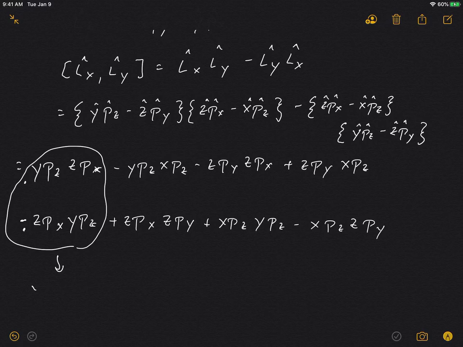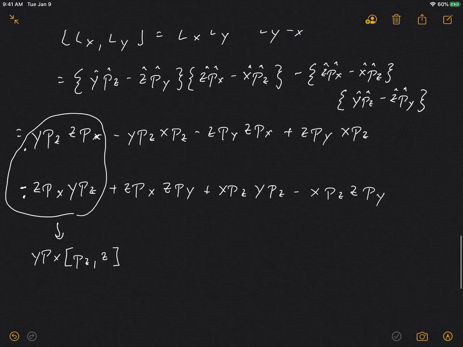So we can factor out the y and the px, and after we do, we get pzz minus zpz, which is the commutator of pz and z. Okay, so we've simplified a little bit, maybe. We'll see if there's a way to use that later. It's not 100% clear that this approach will work.